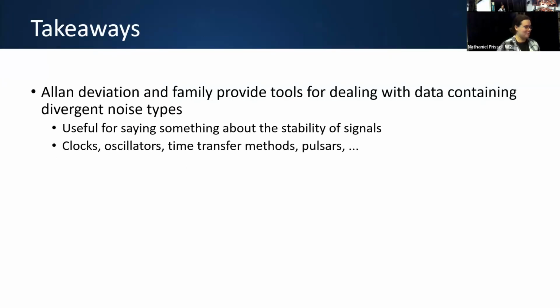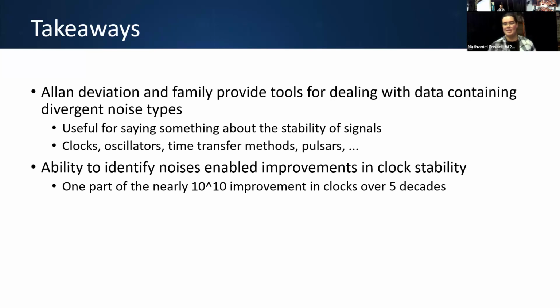Yeah, so that was a whirlwind tour of the Allan deviation and family. I hope some of you who haven't seen this kind of stuff before will find it interesting. It's useful for saying something about the stability of all kinds of signals, regardless of what they are. And it's one of the things that has led to the fact that time is the most accurate unit we can measure. The ability to identify noises gives you an idea what physical things you might need to do to improve your clock.